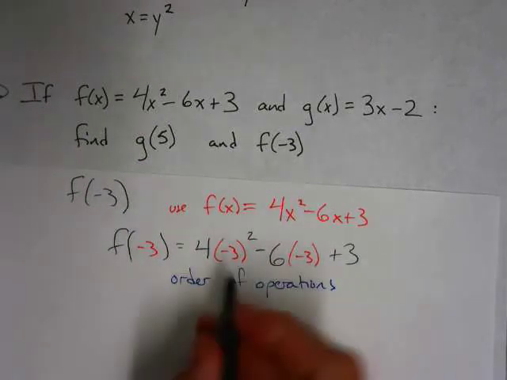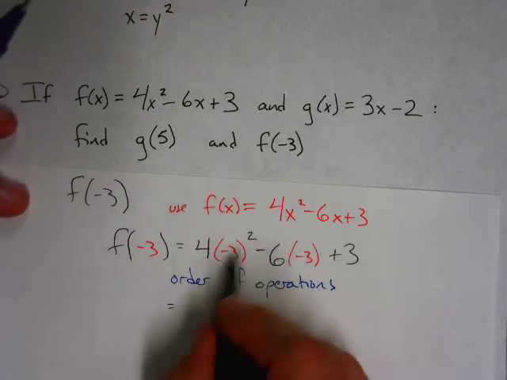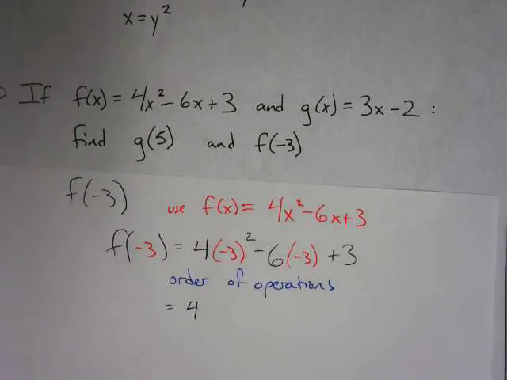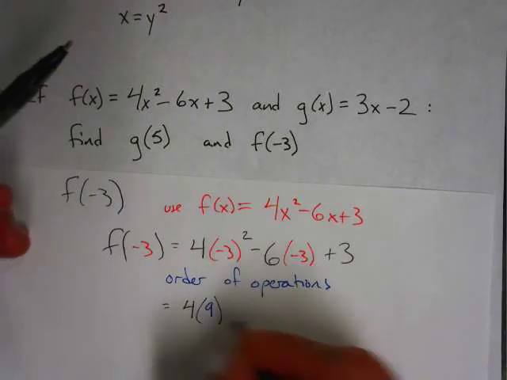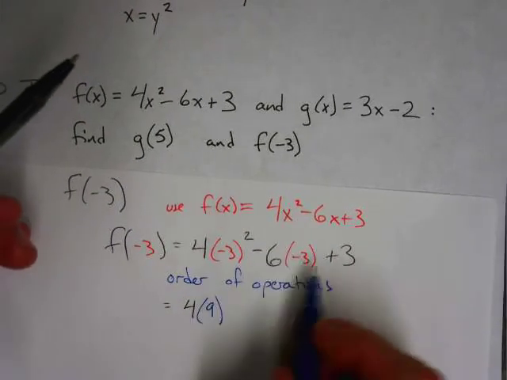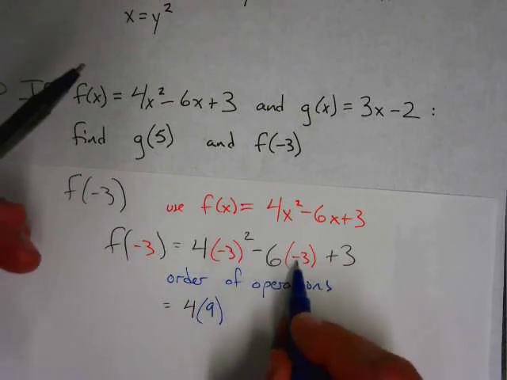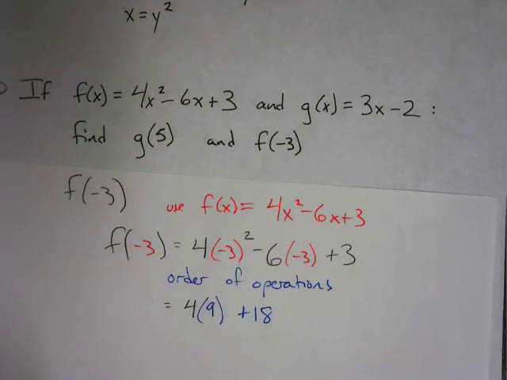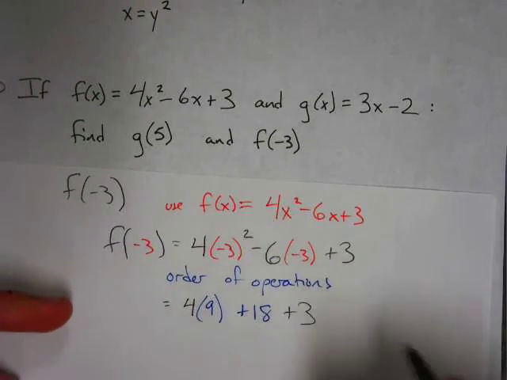Okay, so the order of operations means I have to do exponents first. I have to do negative 3 to the second power. Negative 3 to the second power is positive 9. And then I have minus 6 times minus 3. Minus 6 times minus 3 is plus 18, and then my plus 3 hangs out there.